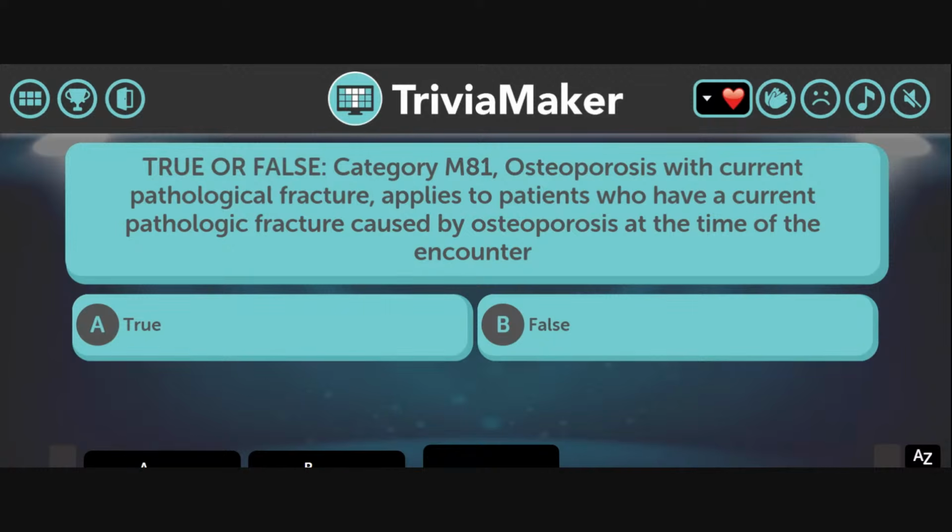So what is category M81? Is this going to be true or false? Again, this is from our chapter 13, so if you're looking for the guideline, it'll be located in there.